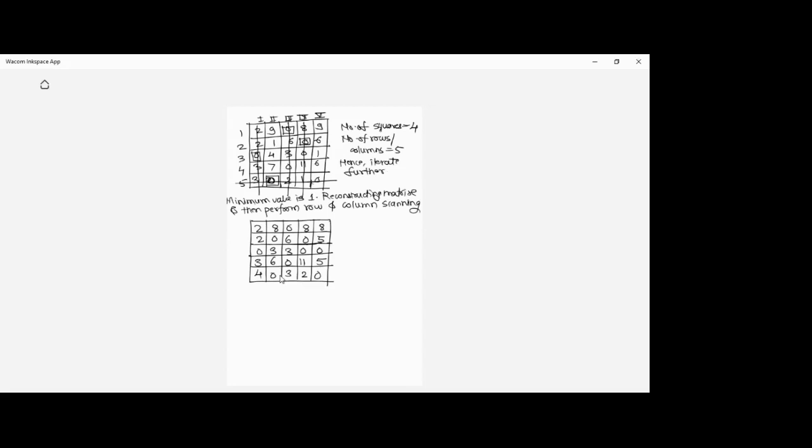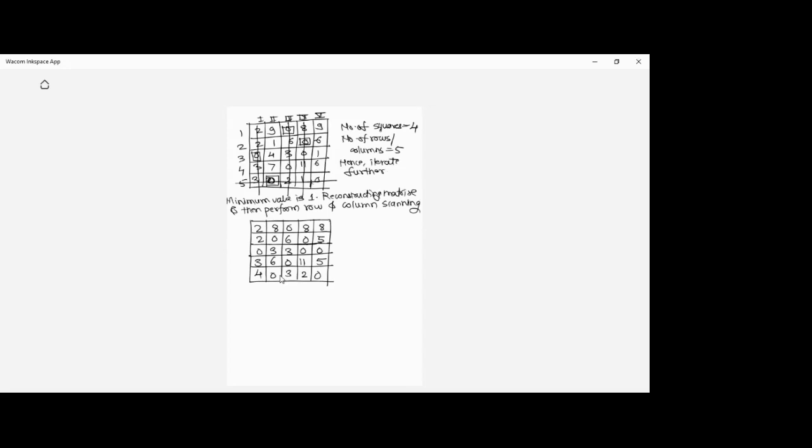Now what we are going to do next is perform the row scanning and the column scanning. For the row scanning and column scanning, the same thing we will have to repeat. We'll have to ask whether the first row consists of a single zero, and if yes, we are going to put a square around it, and then we can move ahead.